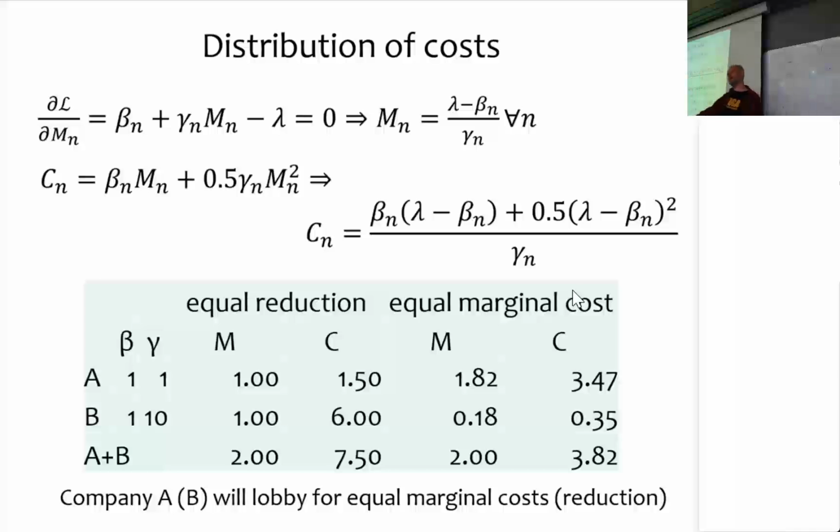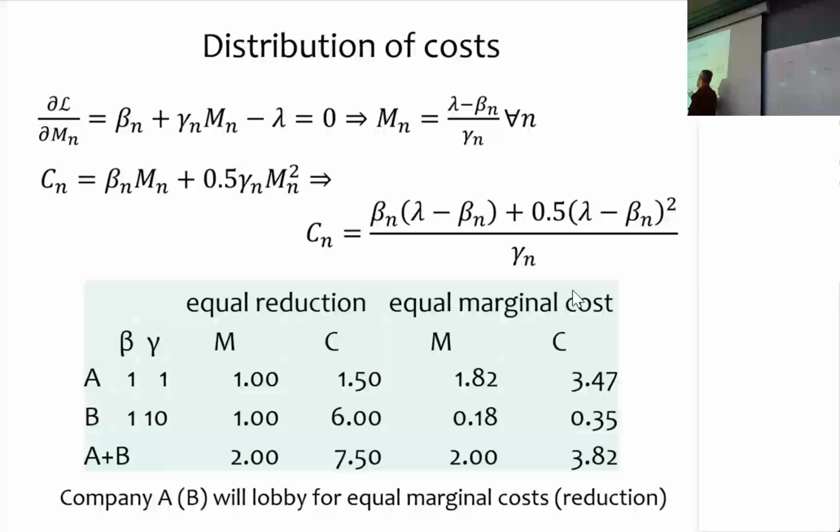So one's cost function looks like this, and the other cost function looks like this, essentially. What happens if we give the two companies the same emission reduction target? They both have to cut emissions by 1. Total emission reduction is 2. Then the cost for company A is 1.5. The cost for company B, which is a much steeper curve, is 6. Total cost for society is 7.5, right?